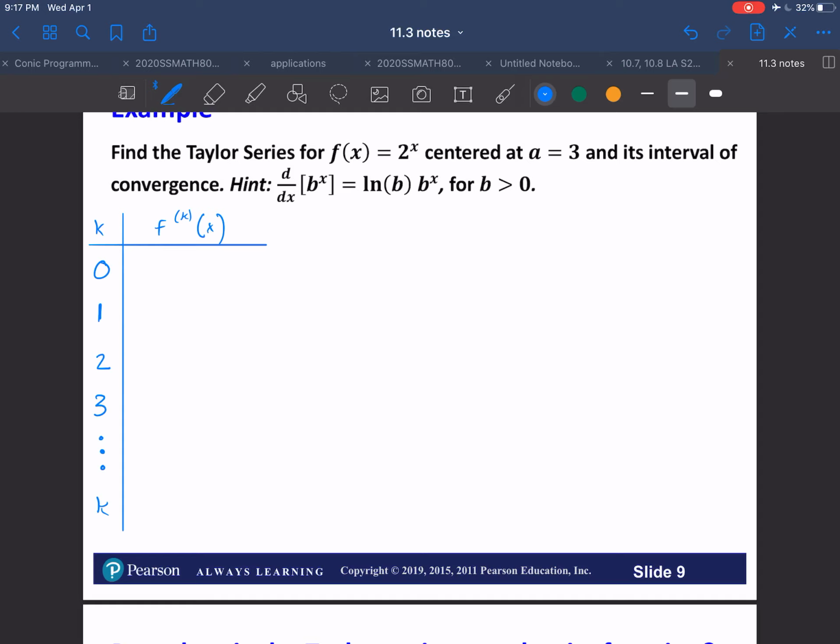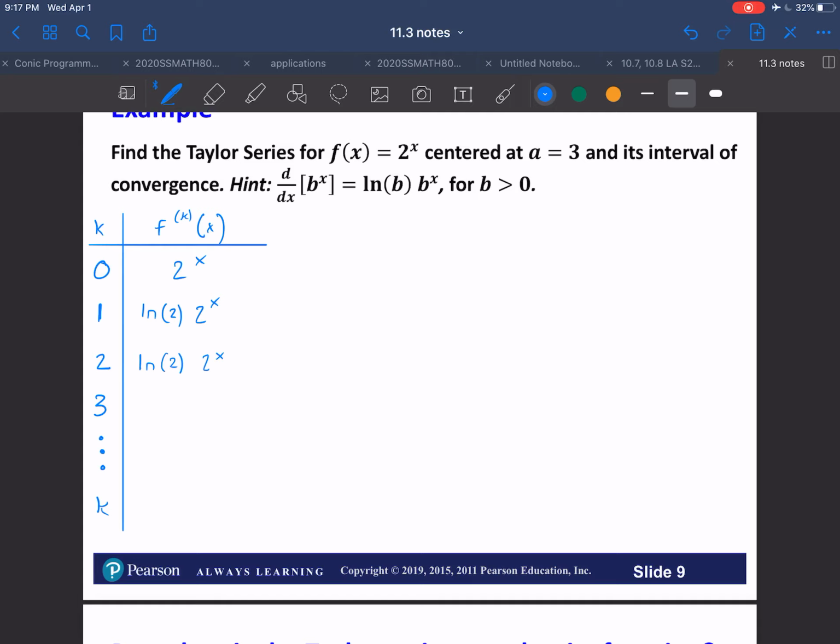Okay. All right, so the first one, our function is just 2 to the x. The first derivative of this is natural log of 2 times 2 to the x. The second derivative of this is natural log of 2 times the natural log of 2 times 2 to the x.